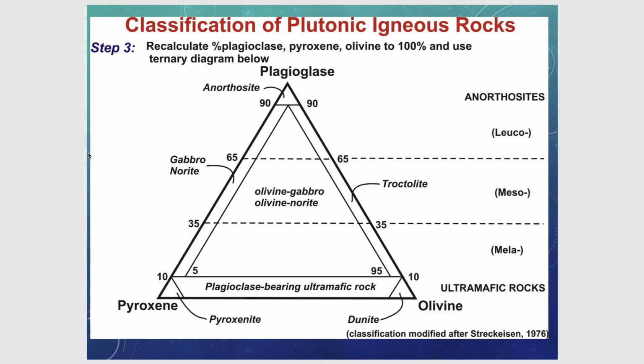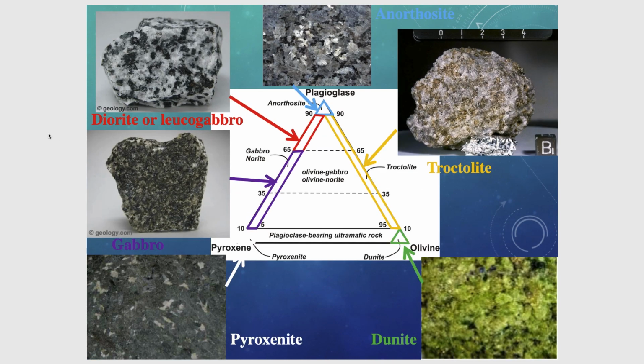So when you have more than 90% of the rock composed of plagioclase of the anorthite variety in this particular example. So here you have some of the textures. So if you recall, the diorite is actually up here because of the abundance of plagioclase in the rock.